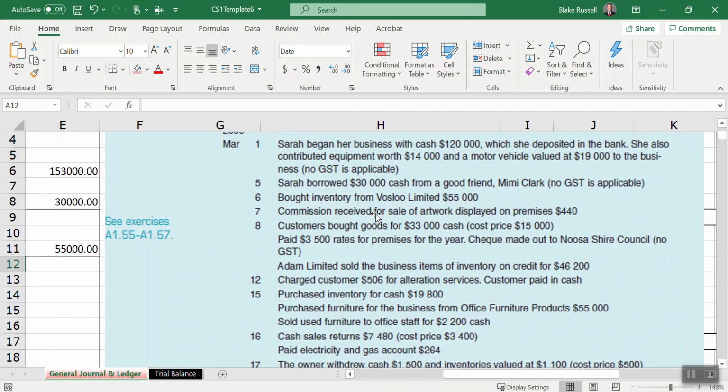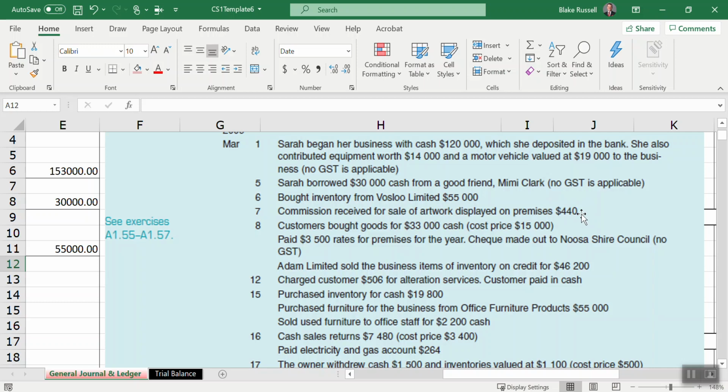March, commission received for sale of artwork displayed on premises. So we're selling, we're commission. Commission is a bit of an incentive to sell things, and sometimes you receive a bit of commission, like a bonus. It's like our pay for selling something. So we sold artwork.